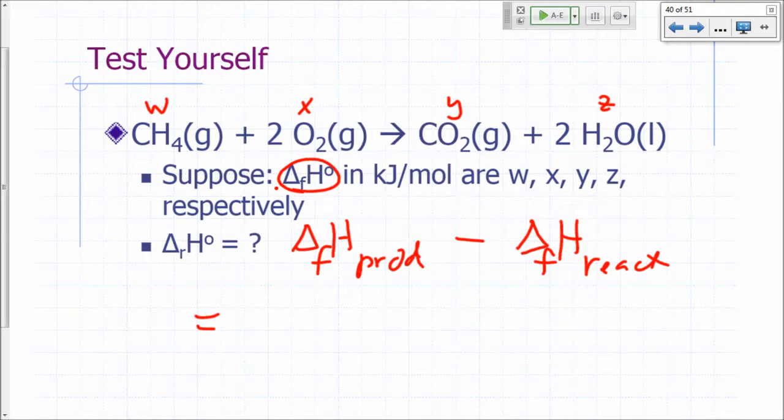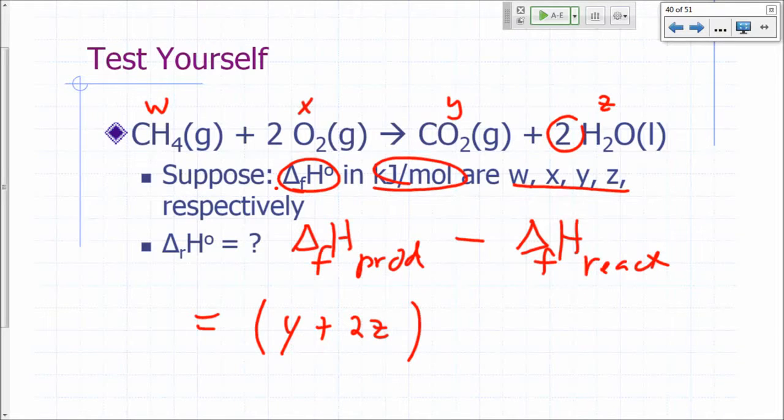So what would it be for products? Y plus 2Z. Why 2Z? 2 moles. Because the numbers I have given here are kilojoules per mole. Okay? Minus reactants would be W plus 2X.